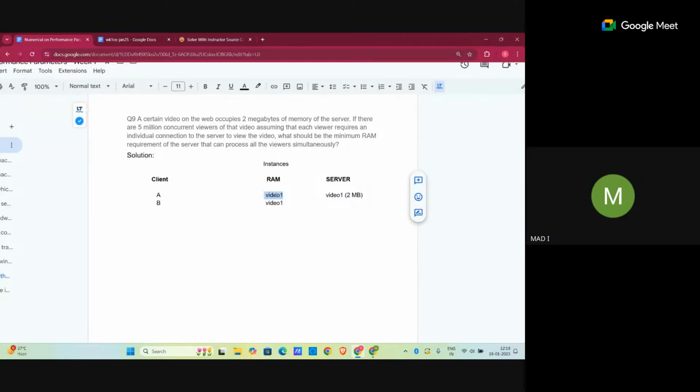Now, when Anurag went to watch that session, another instance of that same video was created. So what is happening? For Piyush, one instance is created, so obviously this is 2 MB. So this will also be a 2 MB video. Here we have to calculate the RAM requirement.